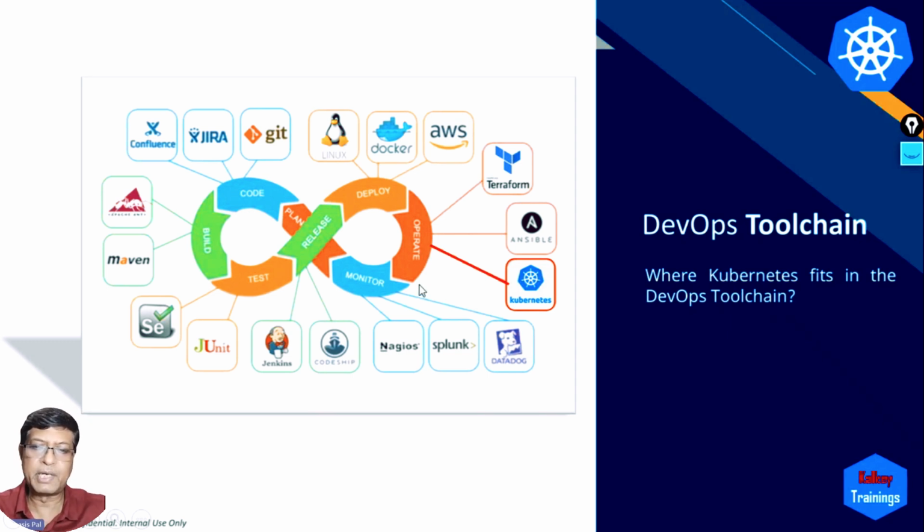When you come to the operate stage, after you have deployed, when you want to stabilize or orchestrate your deployment over a huge orchestration platform, which takes care of so many other aspects, it is better to use Kubernetes instead of monitoring them manually. Not only monitoring, it is the health and how to recover in case of a disaster. So this is where Kubernetes fits in the DevOps toolchain.